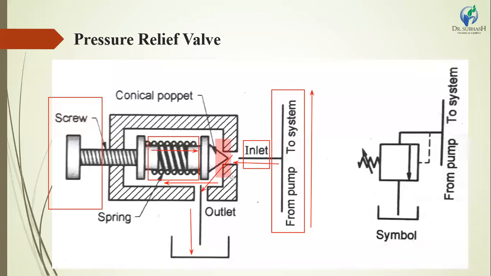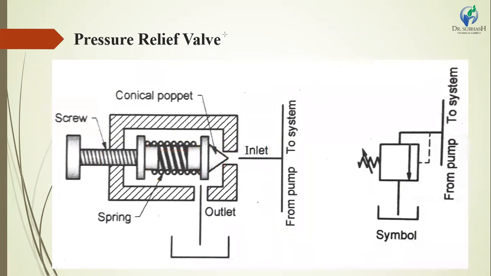This portion is closed, and the pressure relief valve is in a closed state, maintaining the system balance. Once the pressure comes to normal, the conical poppet sits back in its position on the seat and closes the passage from the inlet side.